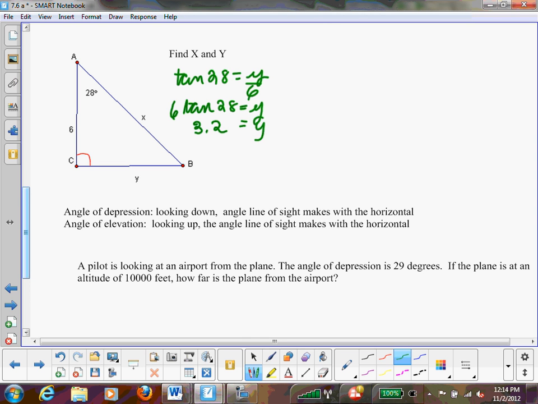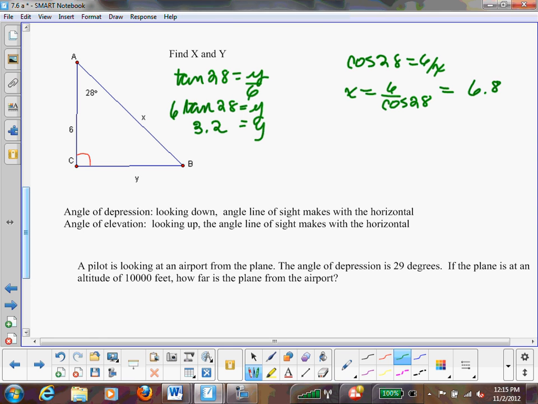All right. Sophia, what did you do for x? Okay, cosine of 28 equals 6 over x. So x will equal 6 over the cosine of 28, which is what? 6.8. Okay? So you might have gone a different route. Did you all get that same answer?